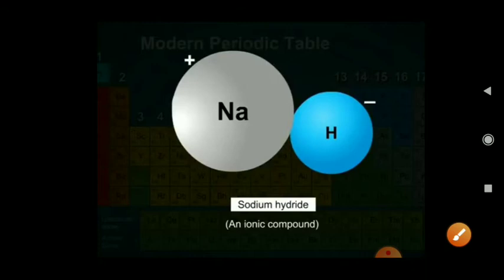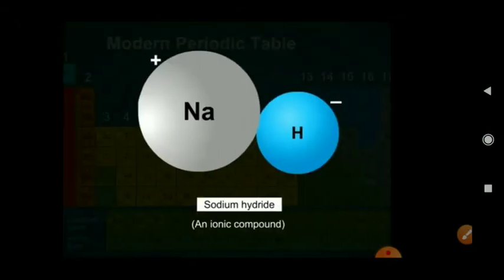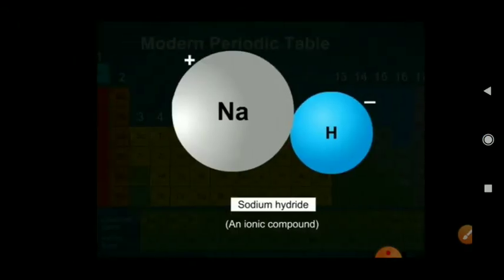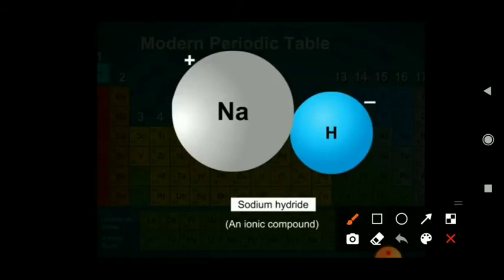We completed our covalent hydrides. Now let's move to ionic hydrides. Ionic hydrides are formed when an element donates its electron to hydrogen.